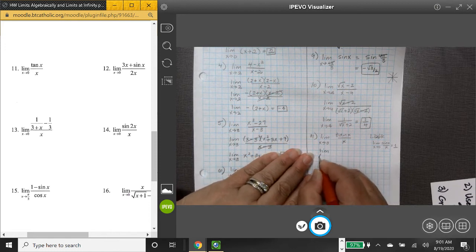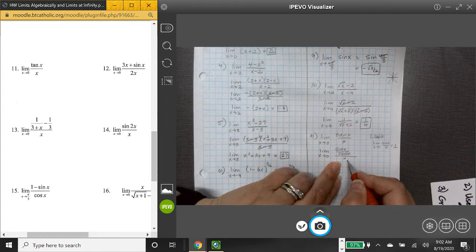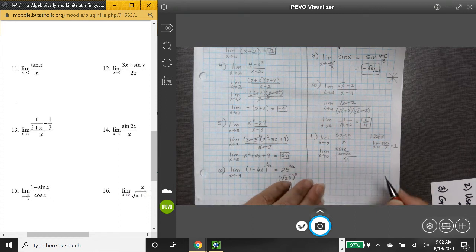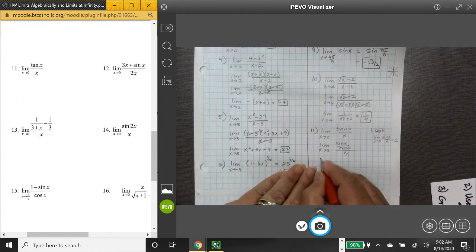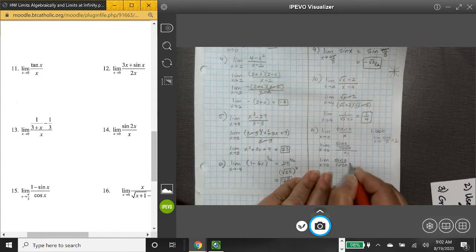So I'm going to say this is the limit as x approaches 0 of sine x over cosine x all over x. Now this x right here is really over 1. And so what do we do when we divide two fractions, after we have a heart attack that we have a double-decker fraction? Well, we copy the numerator, change it to multiplication, and flip the denominator.